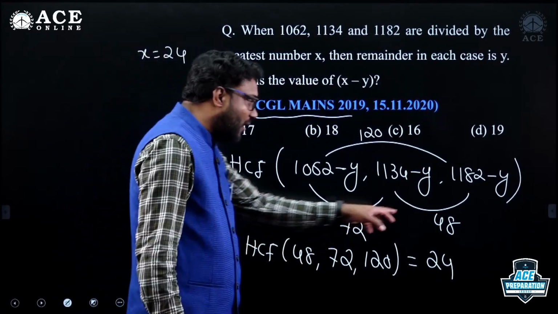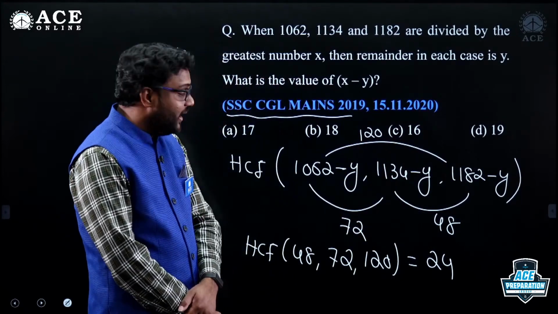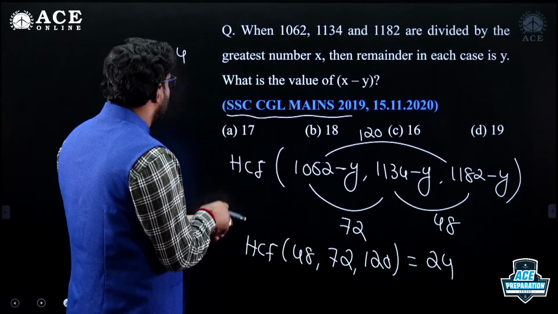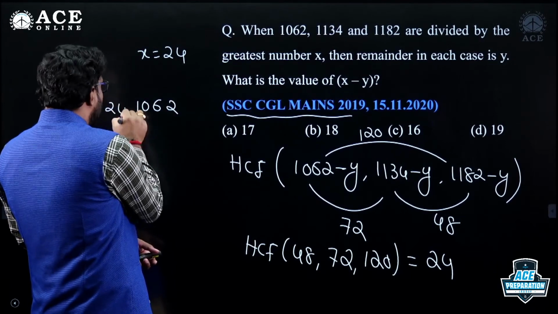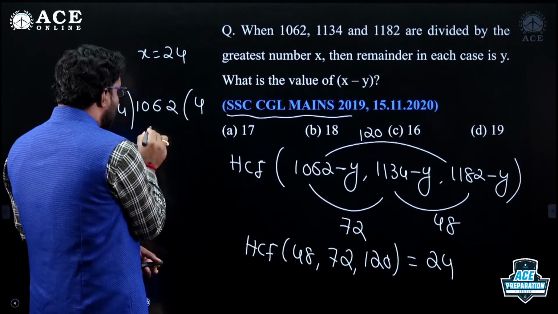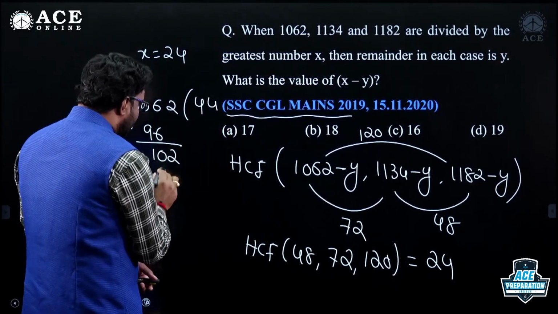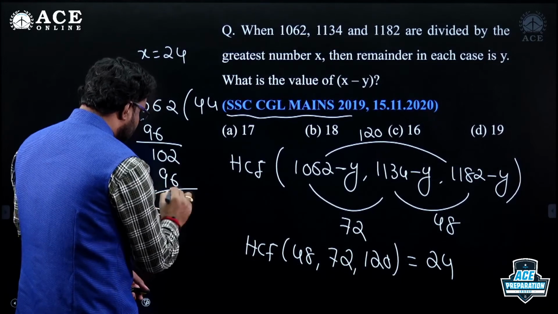Yes, all these differences are divisible by 24. X is 24. Then what about y, sir? When 1062 is divided by 24, 24 4 times is 96. We have 102. Again 24 4 times, 96. 6 is the remainder. So y is actually 6.